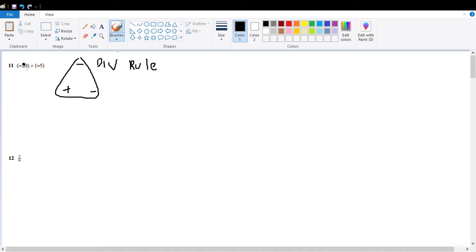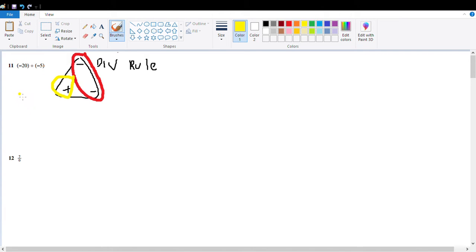So we're going from our question, we're going to select what signs. We have two negatives, so we're going to select two negatives. So that means our answer will be positive.